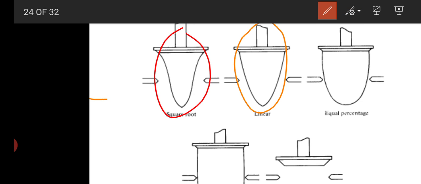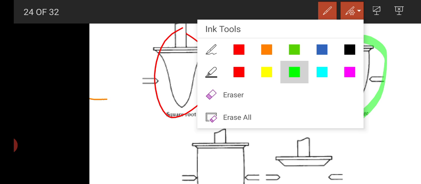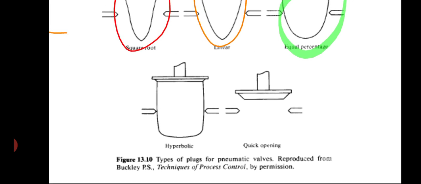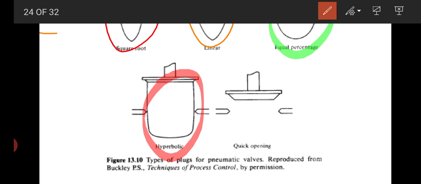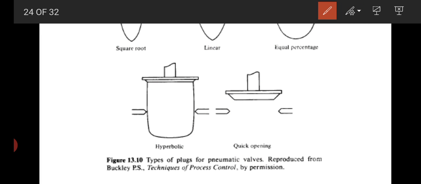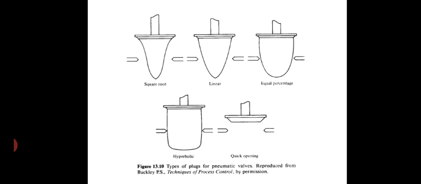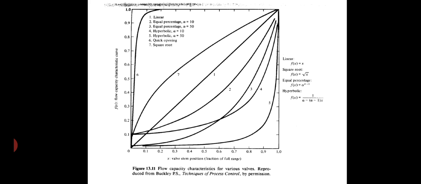Third one is the equal percentage valve, fourth one is hyperbolic, and fifth one is quick opening, right? So what are the different concepts of these sizings, and how this different arrangement or size will affect the transfer function or the characteristic curve, we will see in the next slide with the help of some mathematical relationships again.